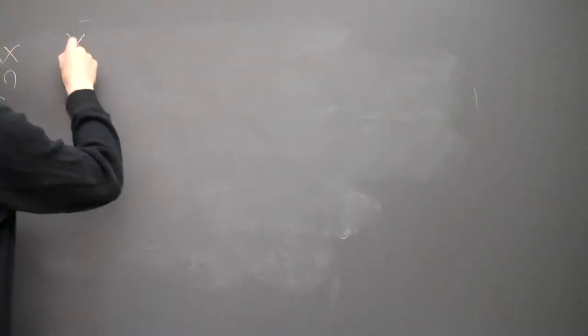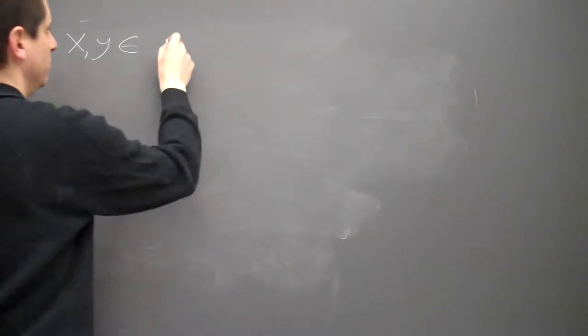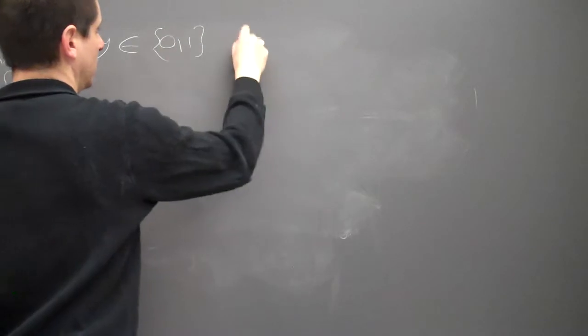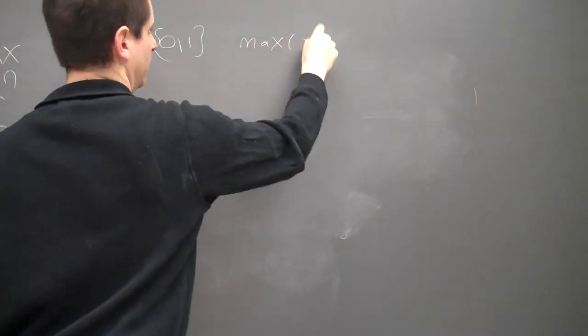So again, we'll do max first. I don't know what the best order is to do them. Let's do x and y in {0, 1}. Let's do the maximum of x and y.